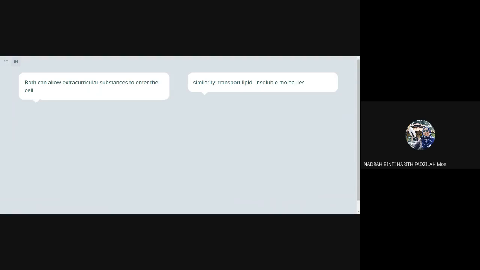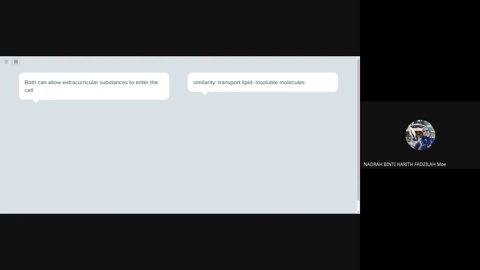Okay, jenis molekul yang boleh melalui transport both channel protein and carrier protein are lipid insoluble molecules atau substances, and both enable the transport of extracellular, bukan extracurricular ya. Itu kat sekolah.